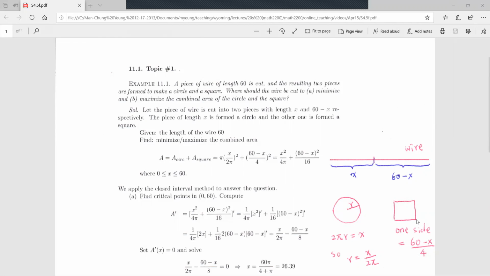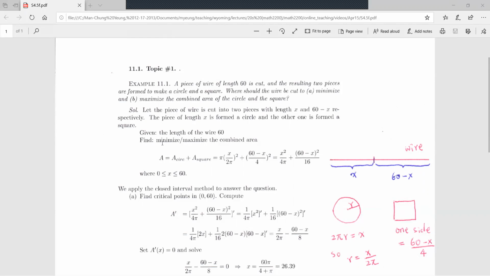The perimeter of this square is 60 minus x, so one side of this square is (60 minus x) divided by 4. Okay, now with this information, we can tell the combined area.